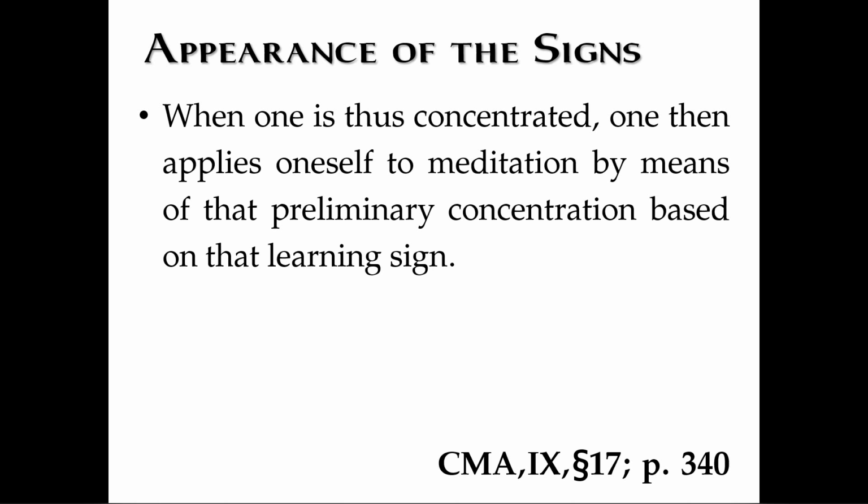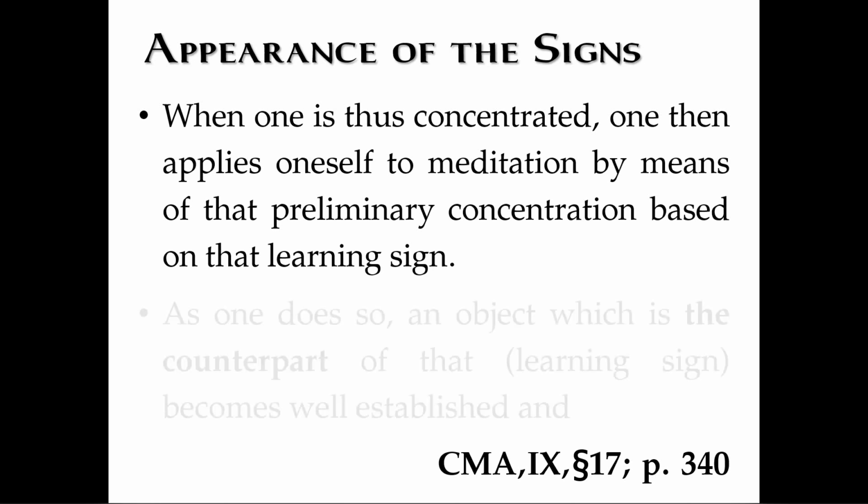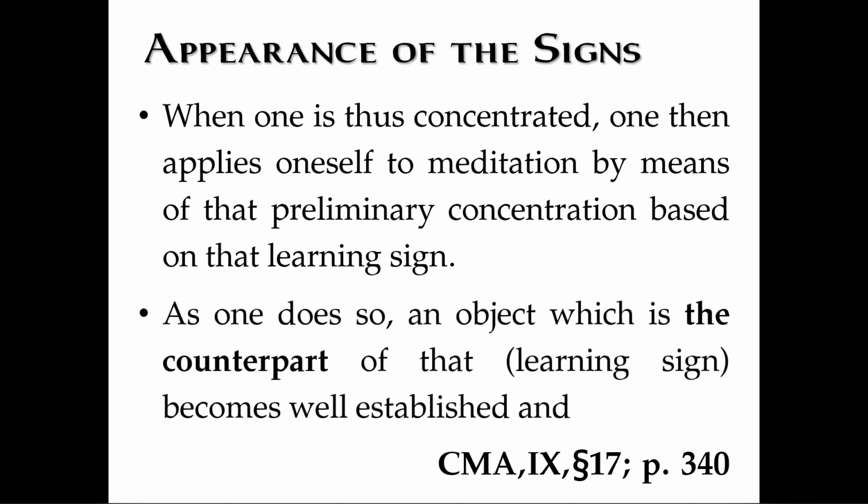That means when you see the earth disc with your naked eye, that is the preliminary sign. Based on that, you practice with your mind, you close your eyes, and then you have a learning sign in your mind. You keep on practicing, and then you see an object which is the counterpart of that learning sign.